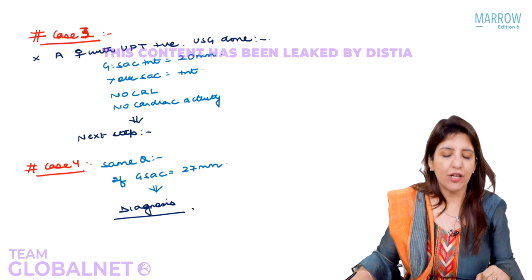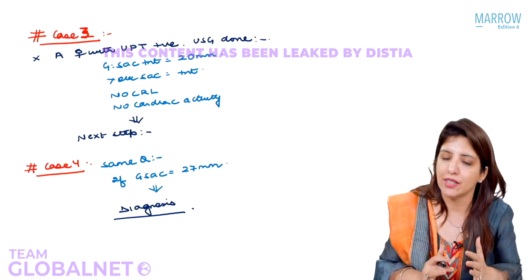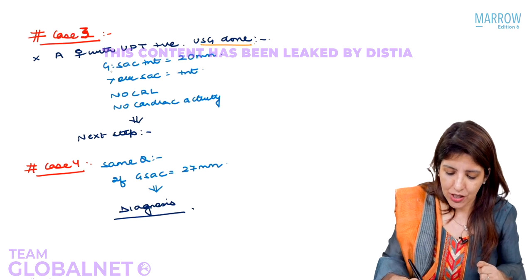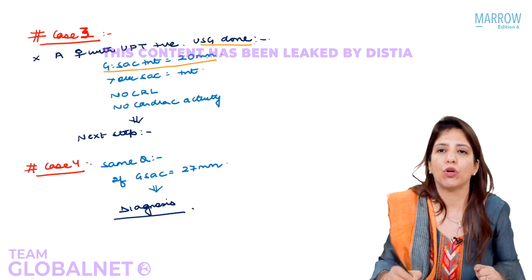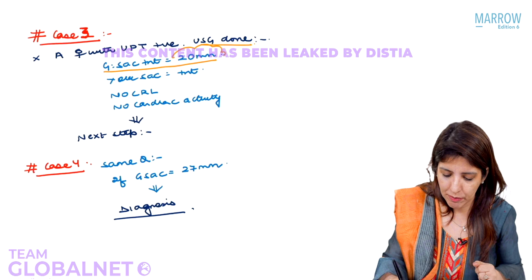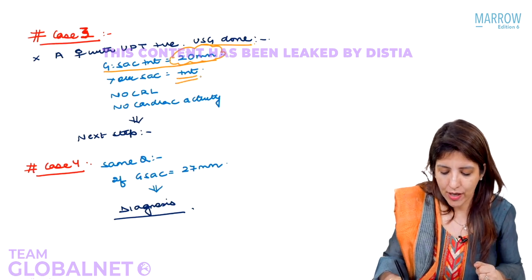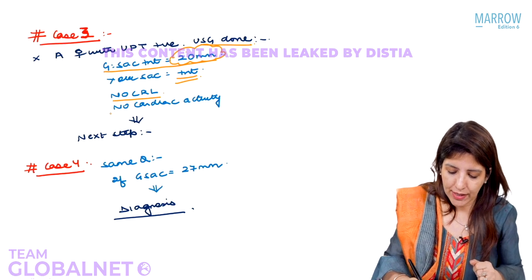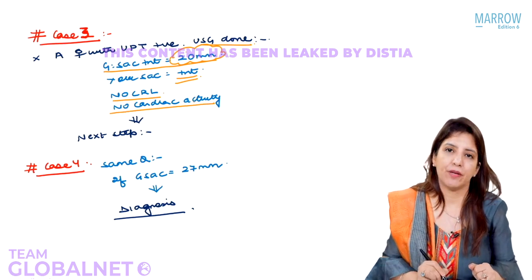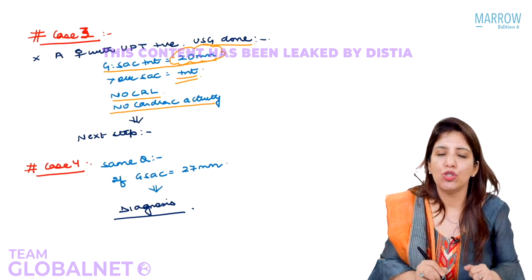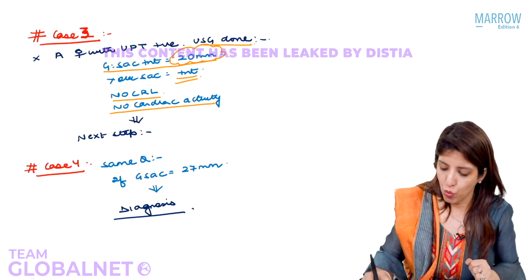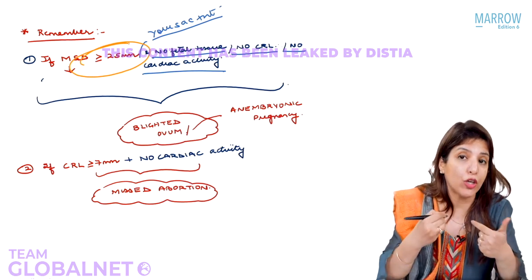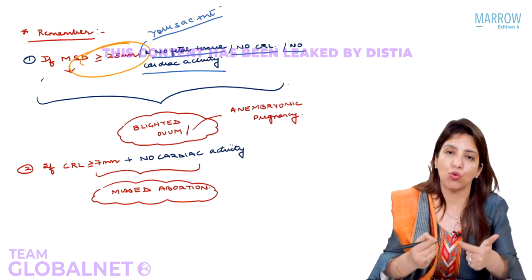So, case 3. There is a female whose urine pregnancy test is positive. An ultrasound was done. A gestational sac was present and what was the mean sac diameter? 20 millimeters. Yolk sac was present, but there is no crown rump length and no cardiac activity. Right? Now, I told you that you have to wait until 25 millimeters before you declare it as a blighted ovum.